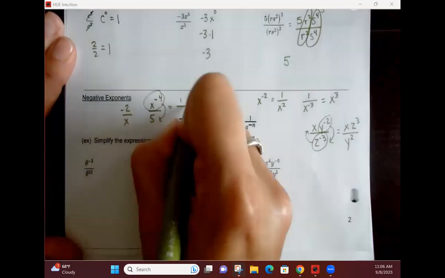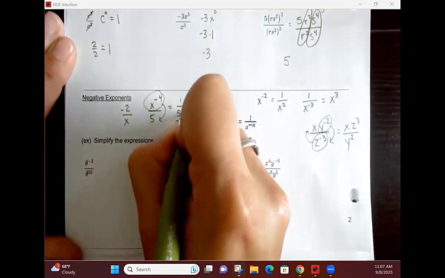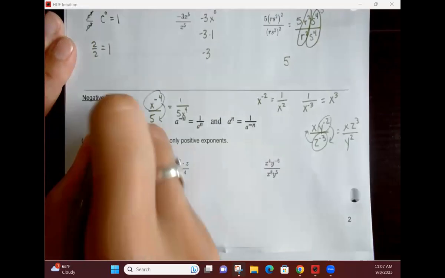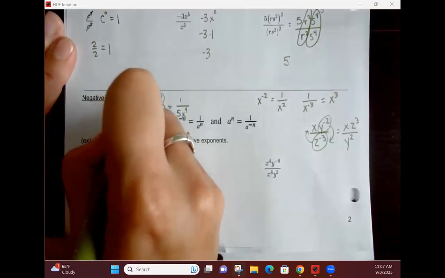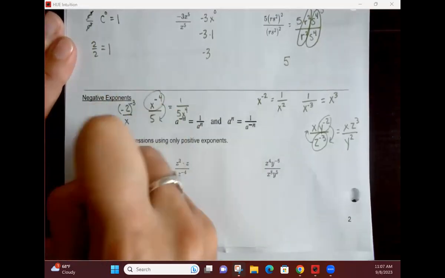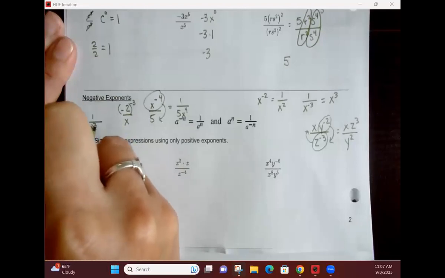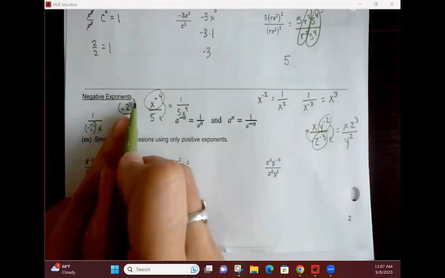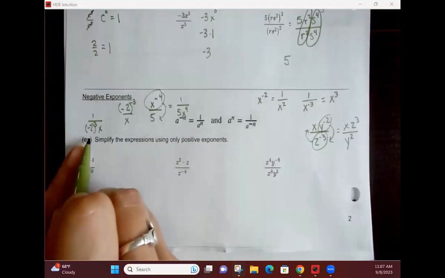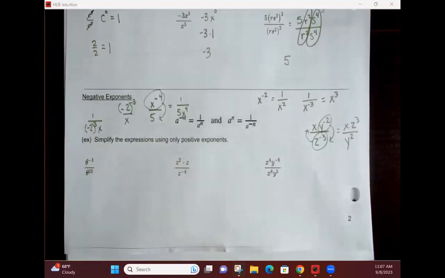So this would be 1 over 5x to the 4th. If, let's say, this 2 were to the negative third power, then I would have 1 over negative 2 to the third power. But notice it's the exponent that changed, not the negative 2. Does that make sense? Mm-hmm. So when you switch it, you just switch the exponent like that.